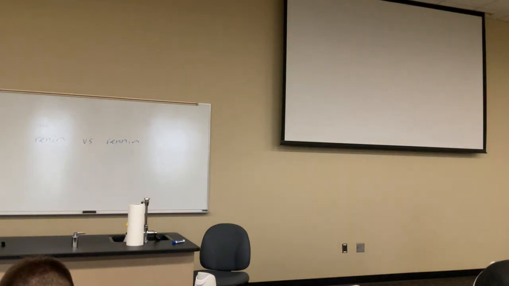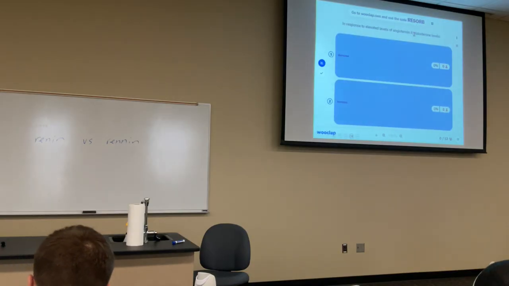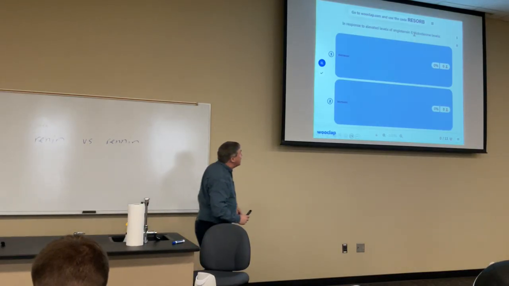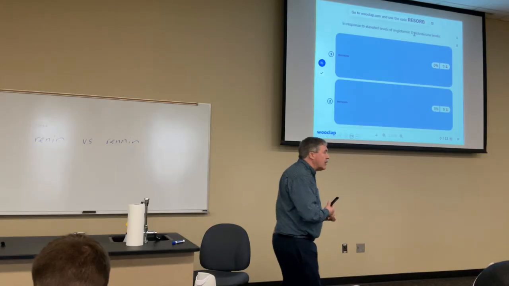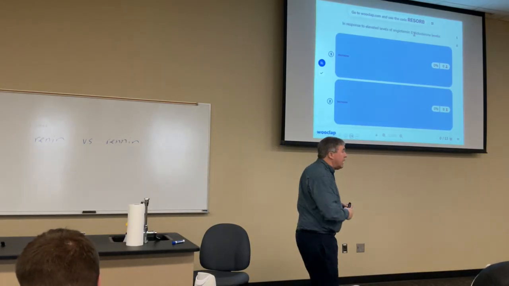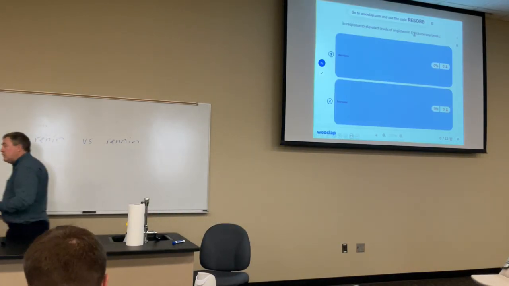So we'll just go over these questions then. Angiotensin II stimulates the release of aldosterone from the adrenal cortex, so that would increase the concentration of aldosterone.